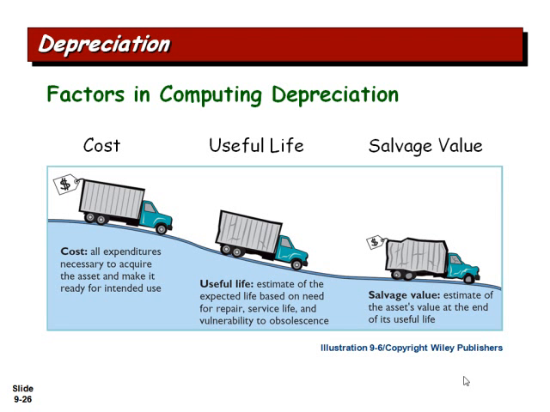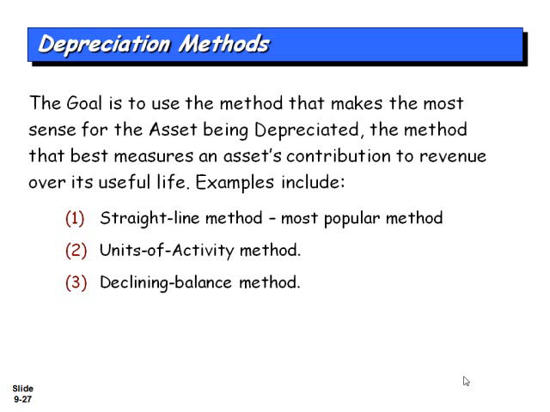For example, this machine can handle 100,000 repetitions of this one process, or this truck can drive 250,000 miles. That would be its useful life in terms of units. And finally, salvage value. What is the value of this asset at the end of its useful life? In most cases, the salvage value is estimated at zero, but not in your textbook.